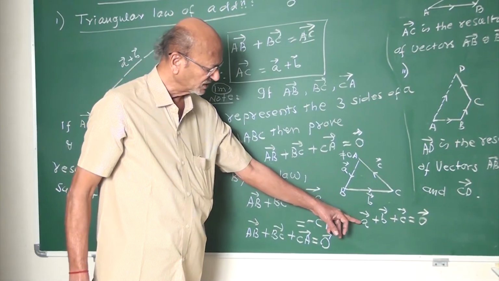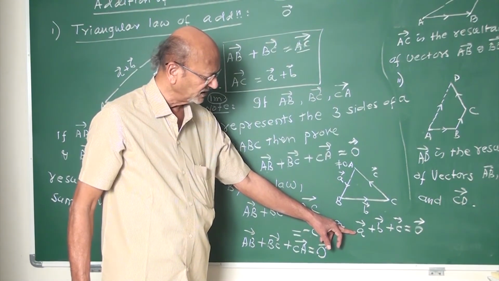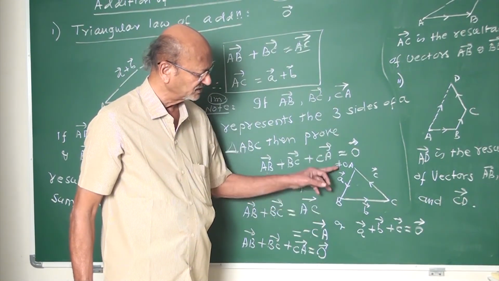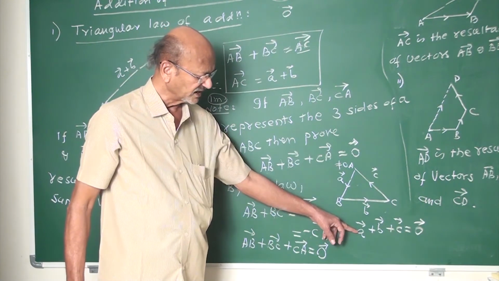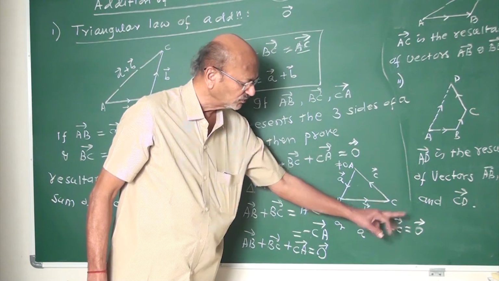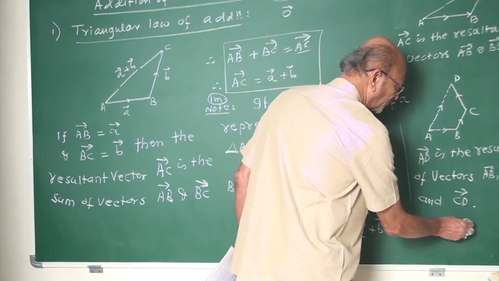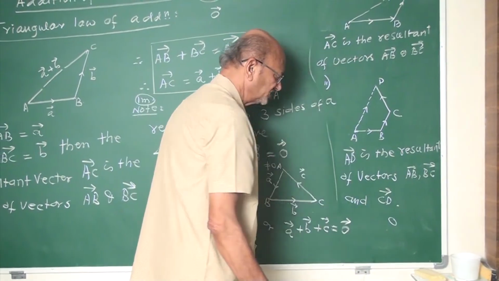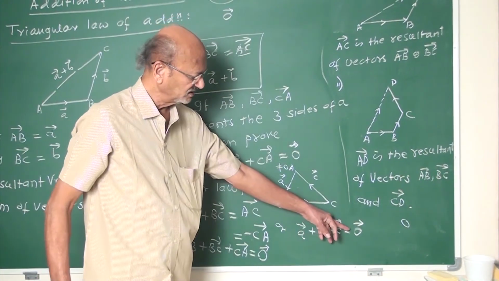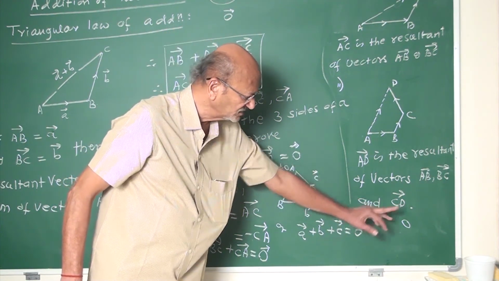Sometimes instead of AB, BC, CA, they give vectors A, B, C representing the three sides of a triangle, then the value of vector A plus vector B plus vector C equal to dash. They give this in the beginning, my friends. 0 is not the answer. Which is the answer? The zero vector is the answer, not scalar 0.